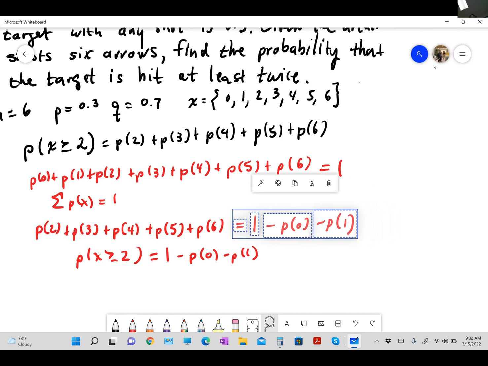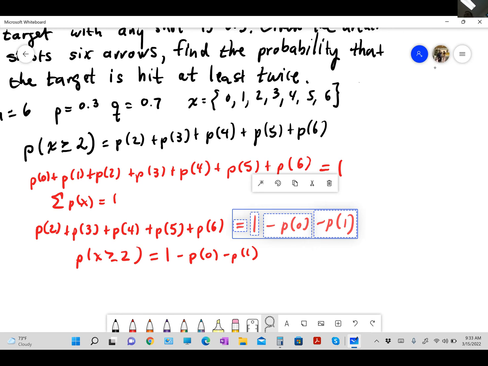But that's kind of dumb. Because if I realize that if I add it up from 0 to 6, it has to equal 1. If I take 1 and subtract just 0 and 1, I end up with what's left over, which is what I want. Does that make sense? That's it. So I guess you could call this the rule of complements, right?